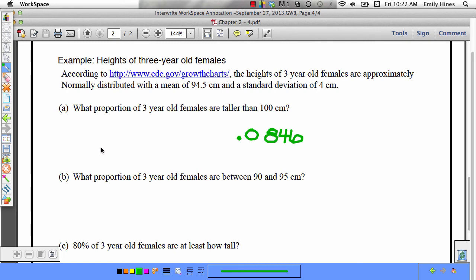So we would say 0.08, or about 8% of 3-year-old females are taller than 100 centimeters. For this one, hopefully you got 0.4194, and we would say about 42% of 3-year-old females are between 90 and 95 centimeters.